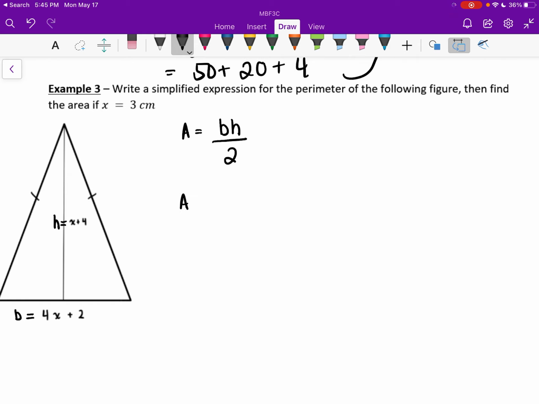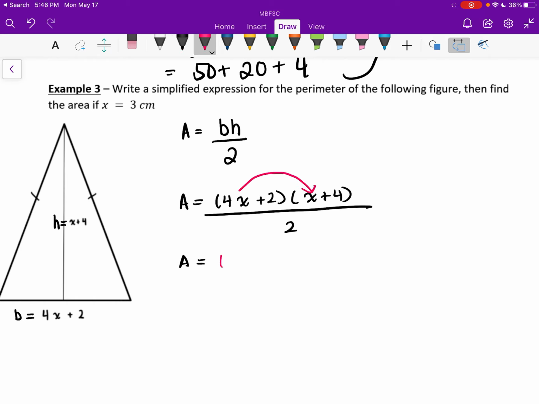Right? So area is equal to 4x plus 2 multiplied by x plus 4, divided by 2. So our area is equal to, let's expand out our brackets at the top.